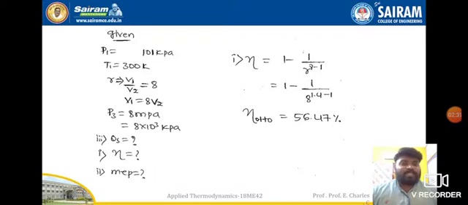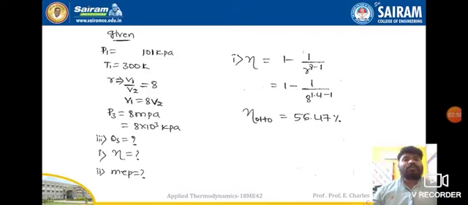P3, the maximum pressure, is directly given as 8 megapascals, which is equal to 8 into 10 cube kilopascals. So we have converted megapascals into kilopascals. We need to find the heat supplied QS, the efficiency of the Otto cycle eta, and the mean effective pressure, MEP.